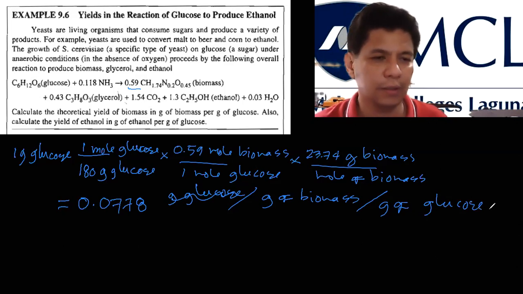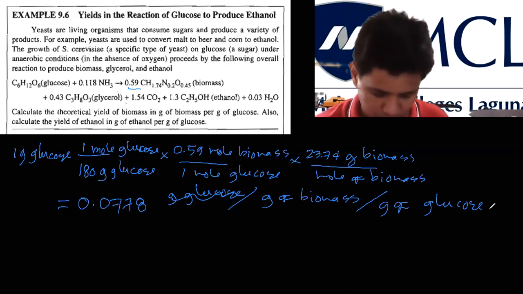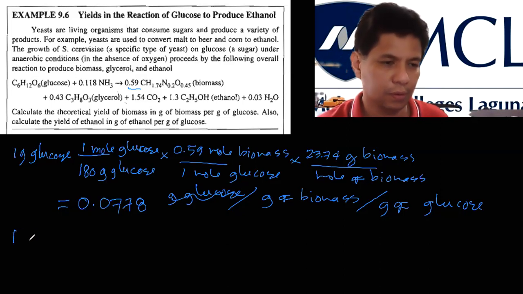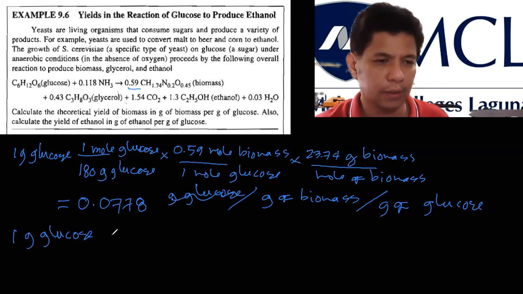Okay, so let's find the second value of yield, this time in terms of grams of ethanol per grams of glucose. Likewise, we're going to start with 1 gram of glucose, and then again convert this to moles of glucose.